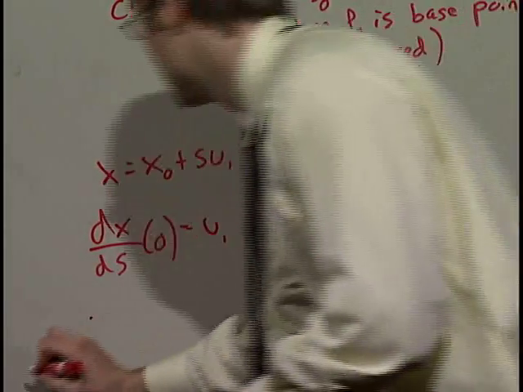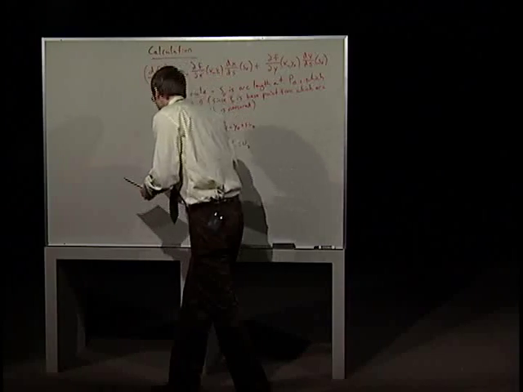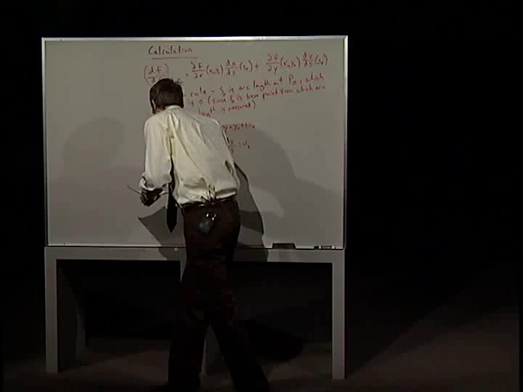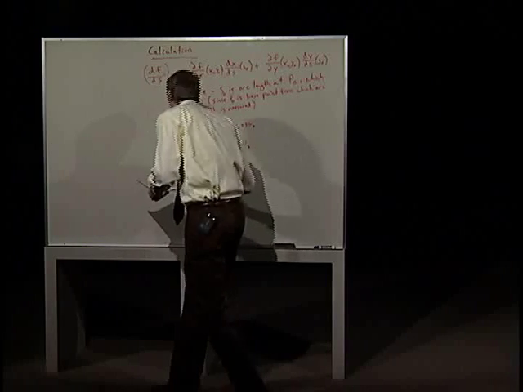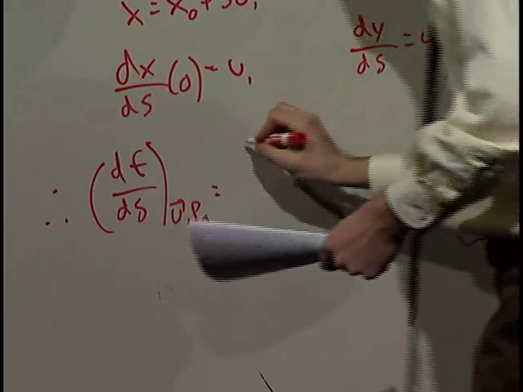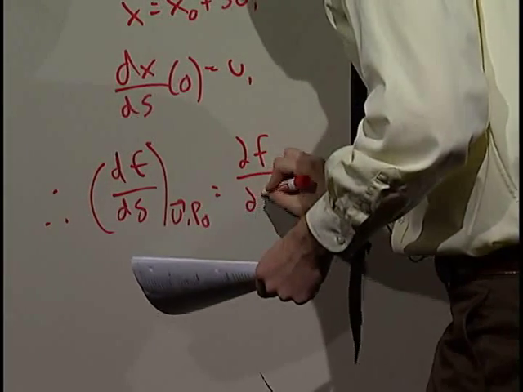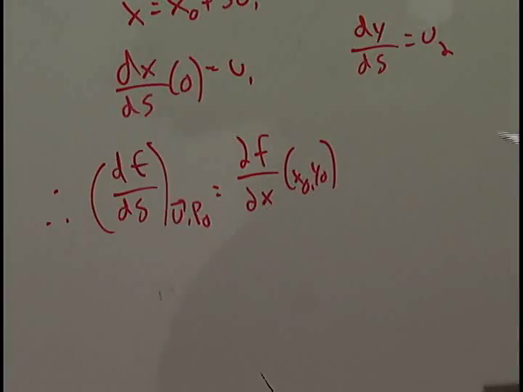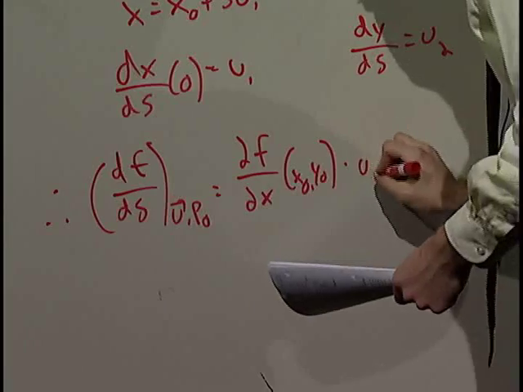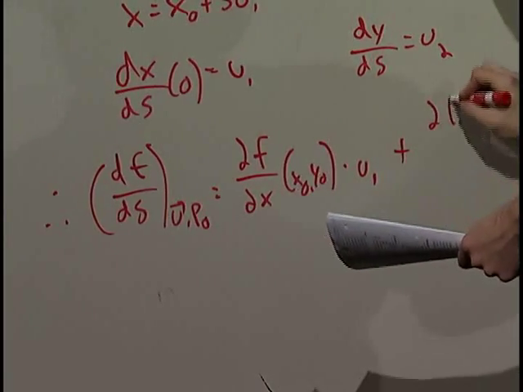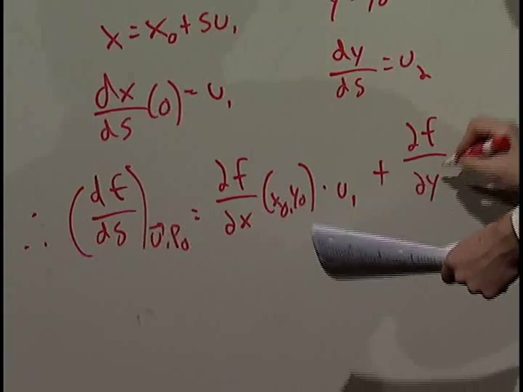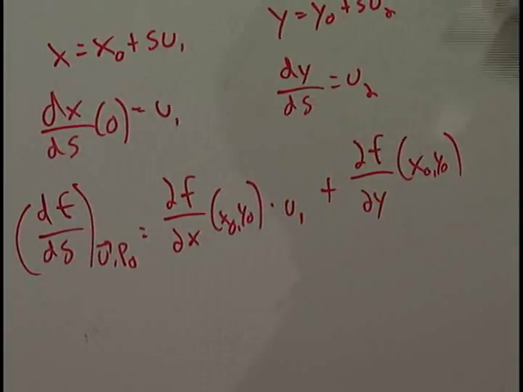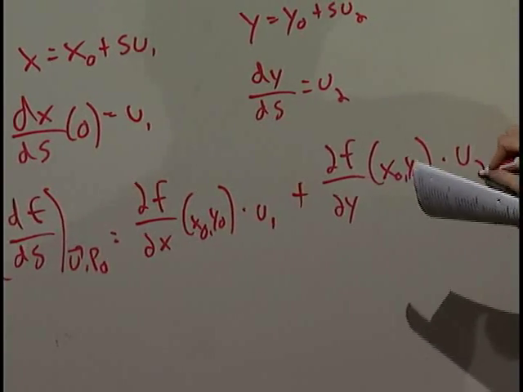So therefore, back up here, df/ds at P naught simplifies down to partial f partial x at x naught, y naught, times u1, plus partial f partial y at x naught, y naught, times u2. Looks right to me.